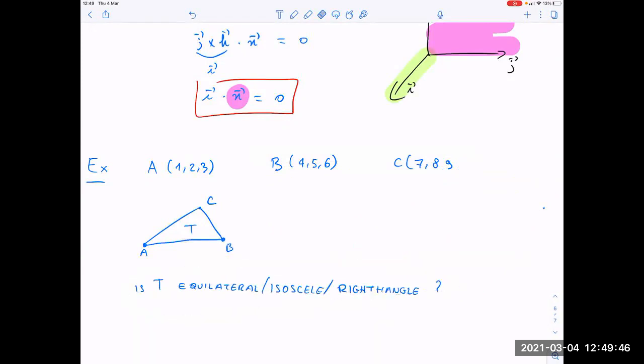And then question 2 is about the perimeter and area of T. Okay.